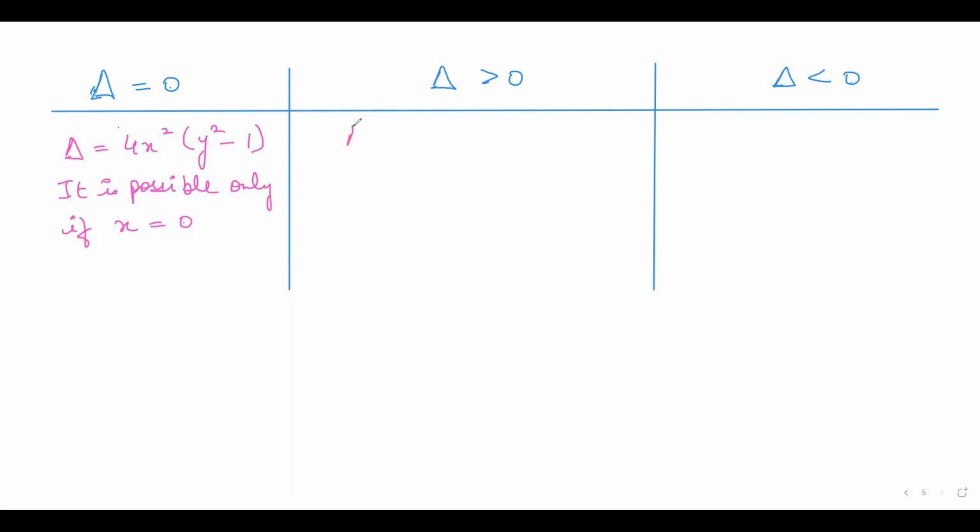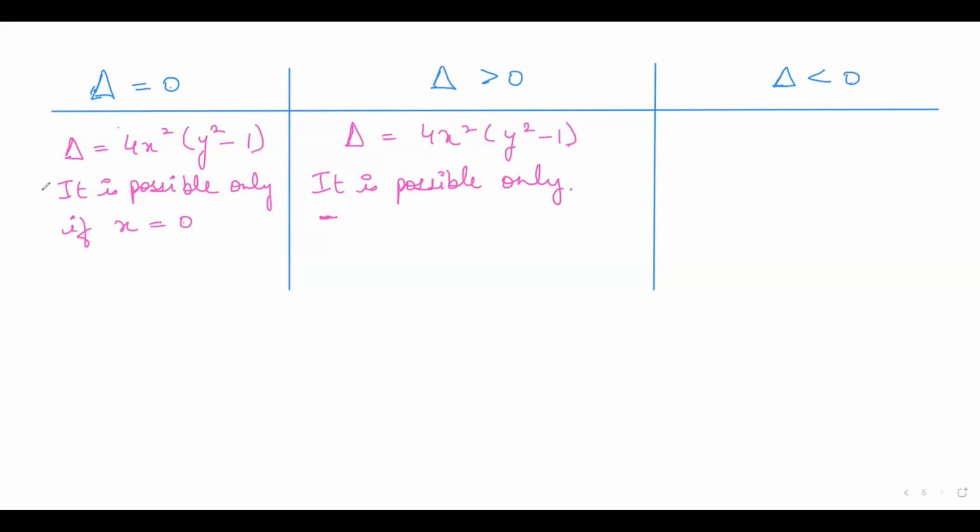Now, when we are talking about discriminant greater than 0, it is possible only if, first point, x square is always greater than 0.